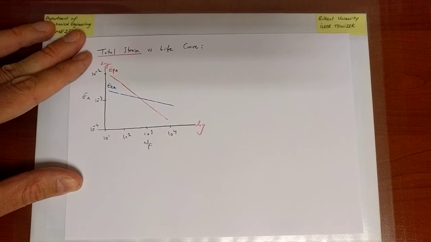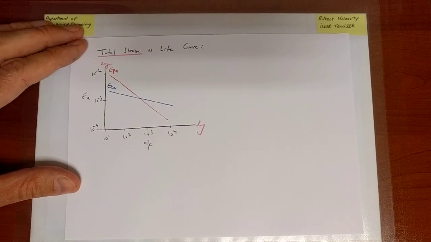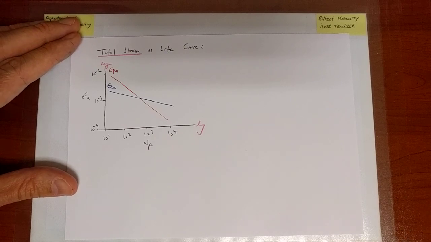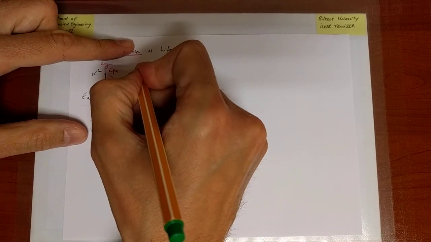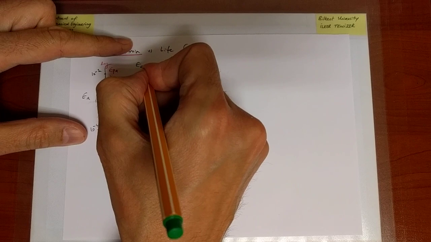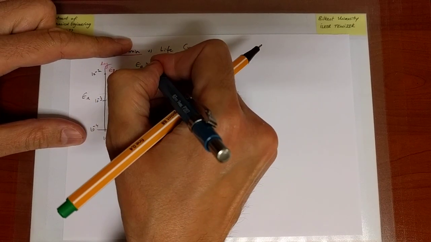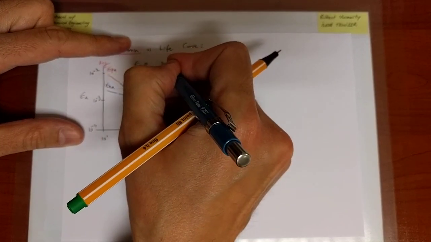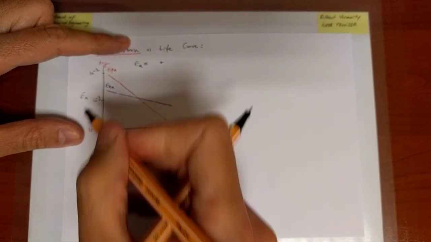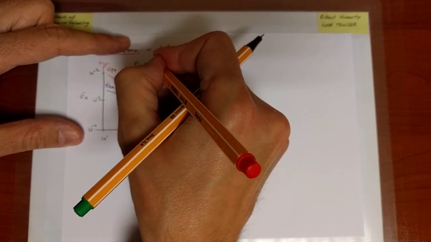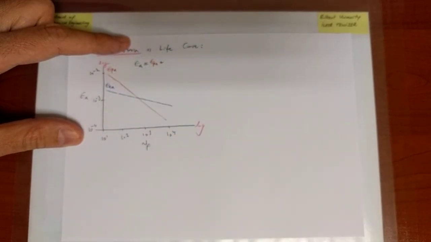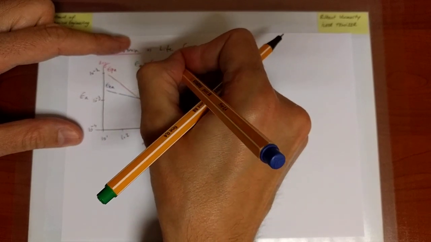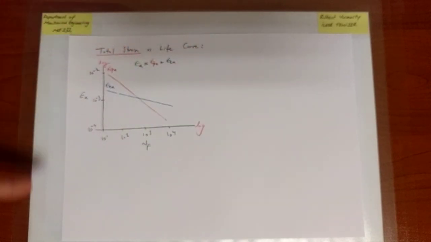Now, we remember that the total strain, epsilon A, is equal to the sum of the plastic and the elastic contributions to the strain amplitude. All right.